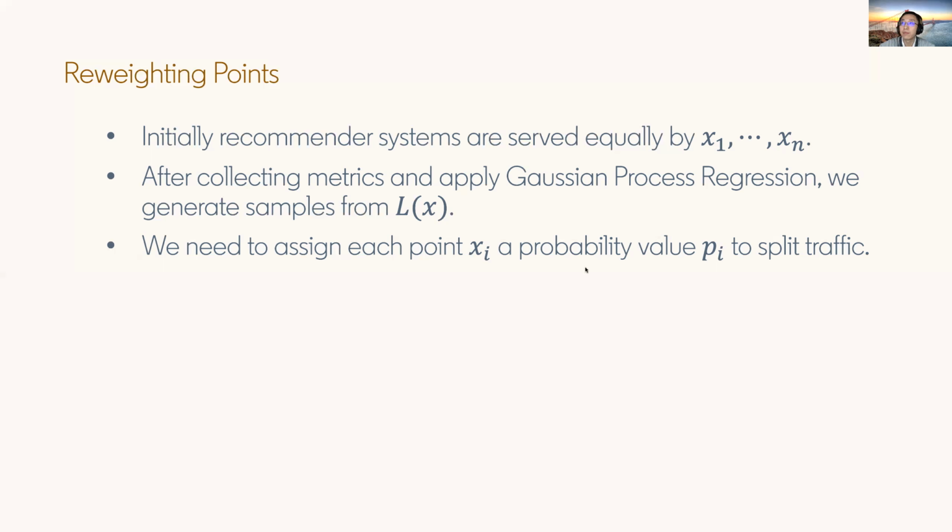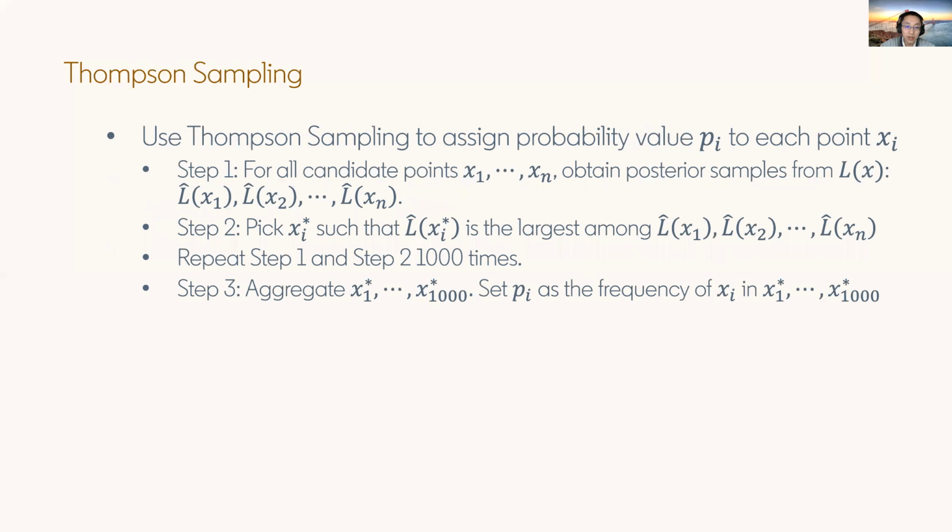So here is a detailed algorithm. The algorithm is called Thompson sampling, which is an old algorithm proposed in the 1930s, but it's still a powerful algorithm. Let's go through it step by step. We use Thompson sampling to find the pi for each point xi.